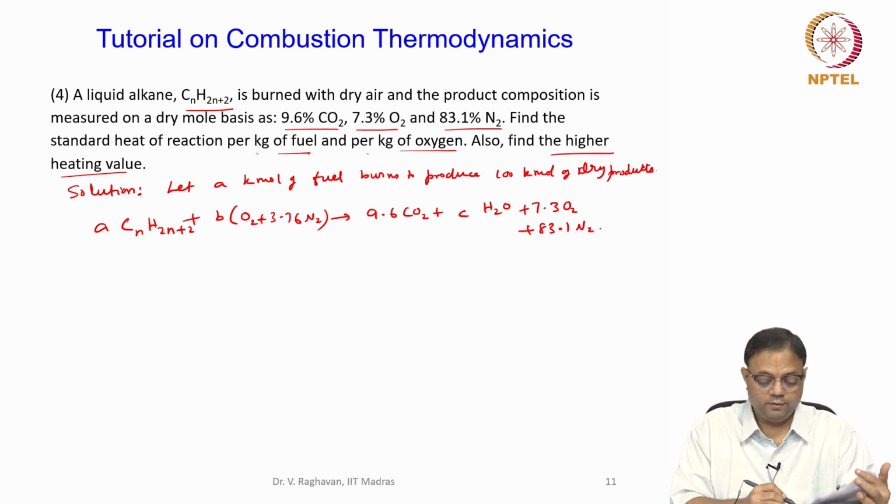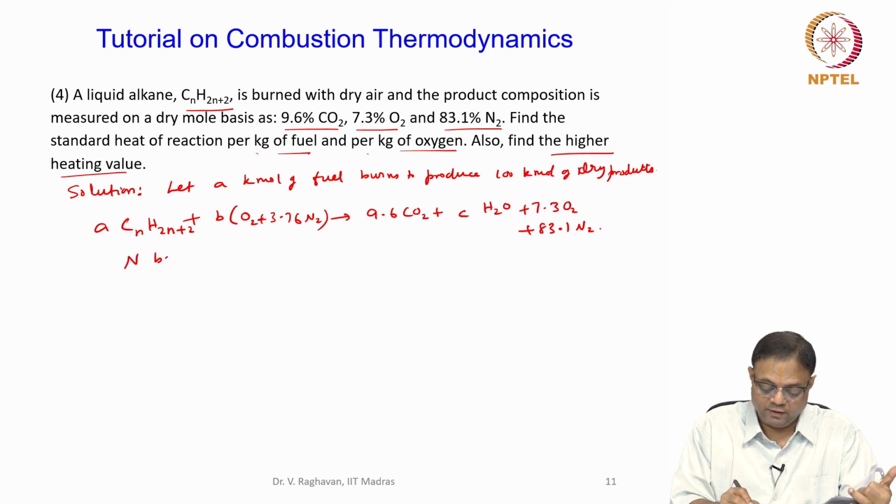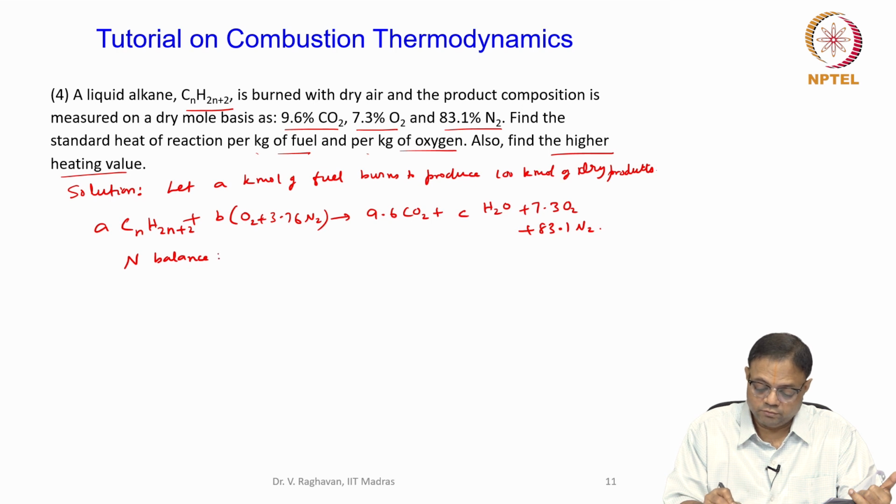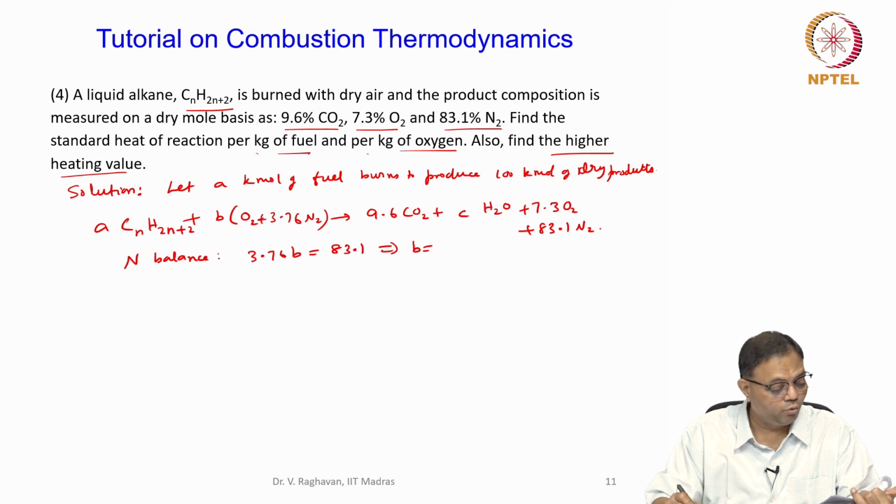So now I can do the balances. An N balance will give 3.76 B equal to 83.1, which implies B will be equal to 22.1.